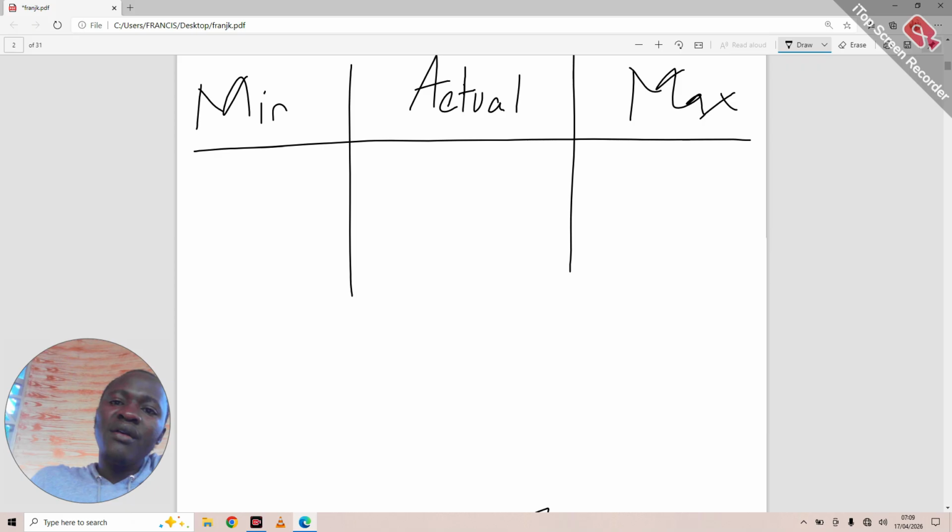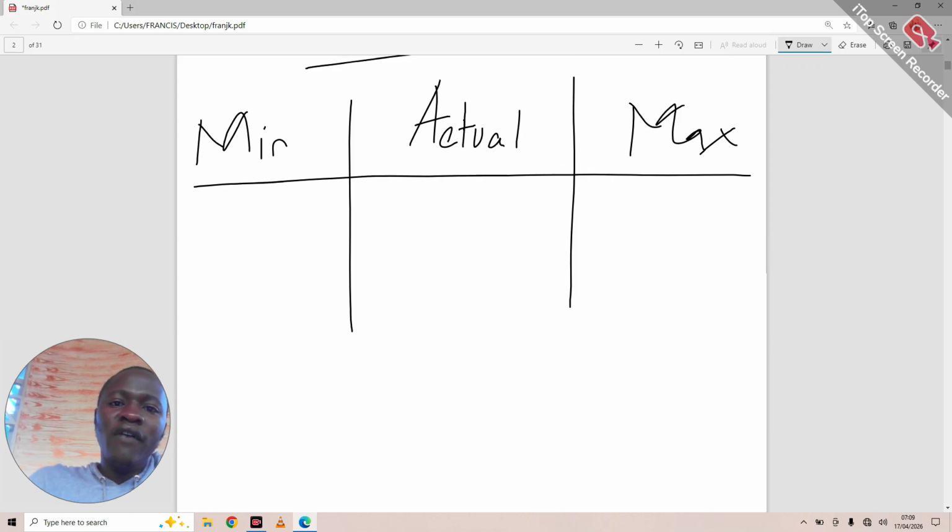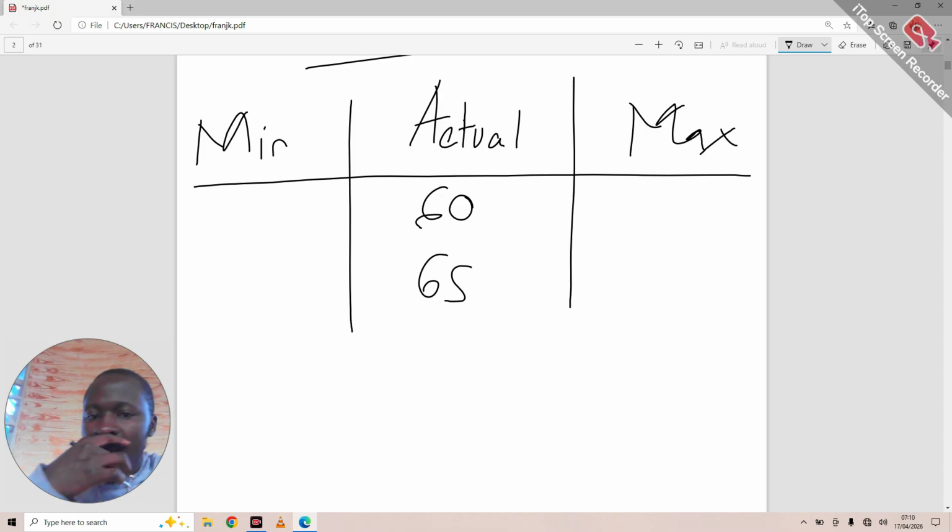So we have our actual 60 together with 65. It is 60 that the examiner has told us is exact, and when a value has been stated as exact, we do not get its maximum nor its minimum. The value remains the same in both the maximum and minimum columns. So here we shall maintain the number 60.